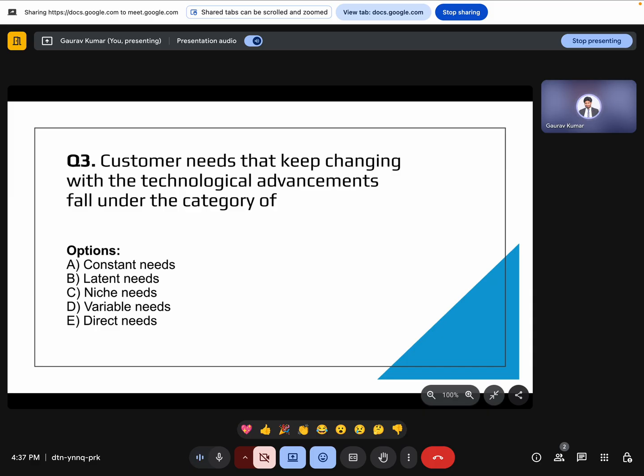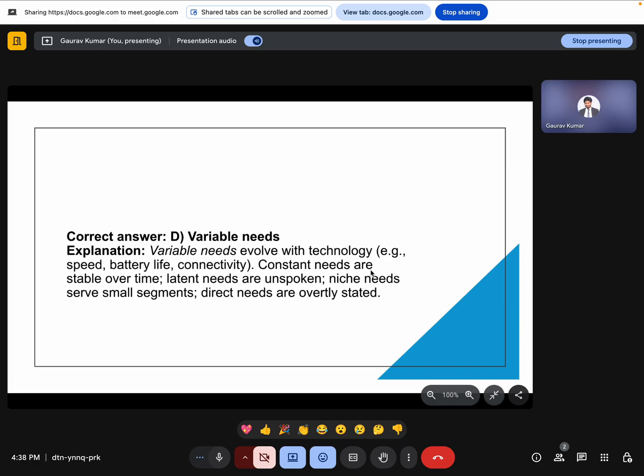Niche needs apply to a small group, such as an athlete-specific mobility aid. Direct needs are explicitly expressed, like I want adjustable height. Only variable needs reflect the dynamic nature of technology and changing customer expectations, right? And you can see the correct answer and explanation part over here.